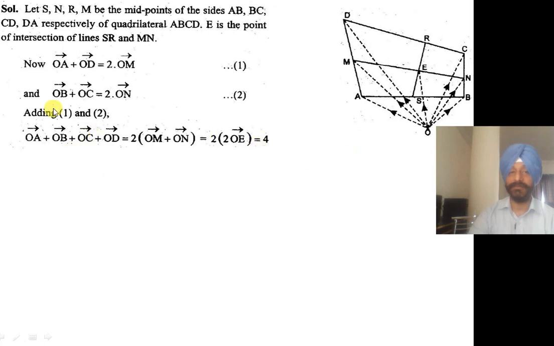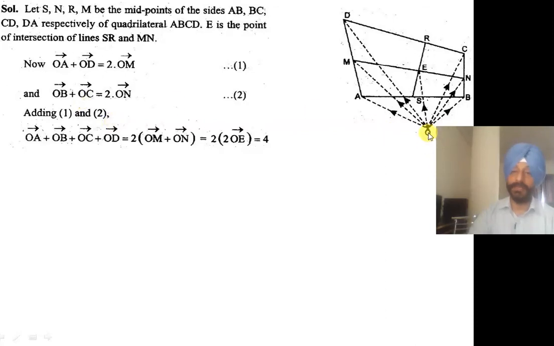S, N, R and M are the midpoints of the sides AB, BC, CD and DA of quadrilateral ABCD, and E is the point of intersection of SR and MN. Let O be any point.